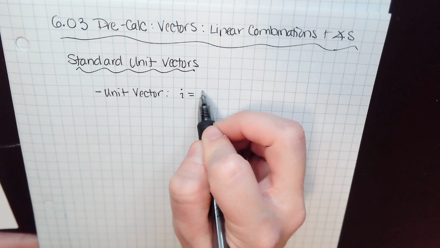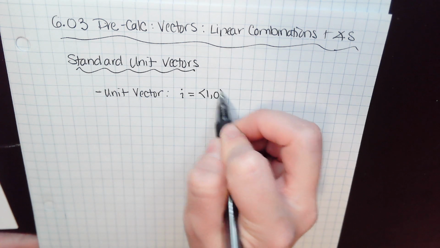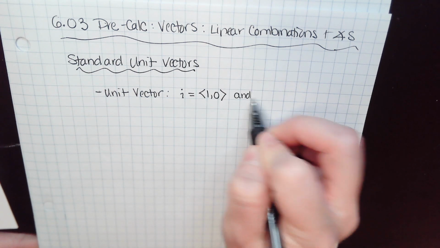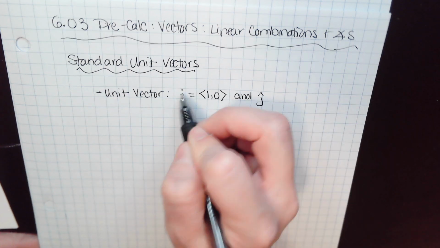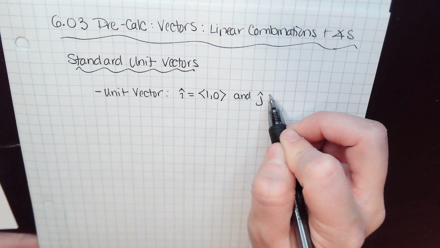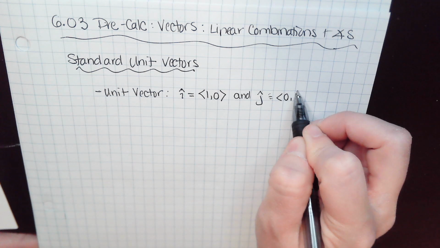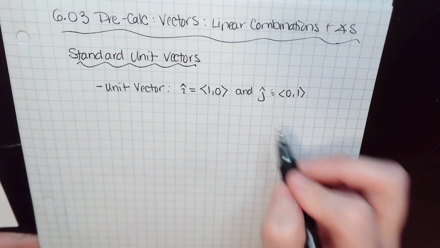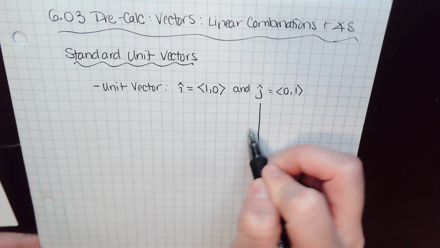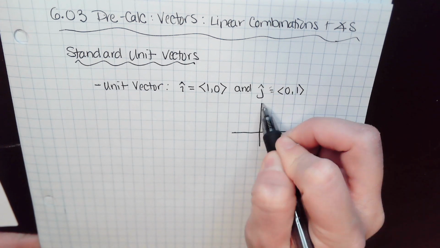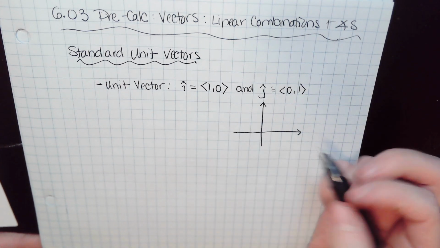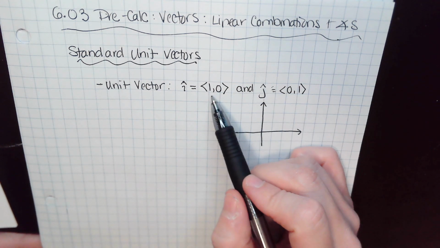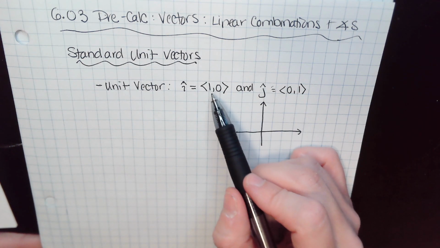Vector i is 1, 0, and vector j is 0, 1. We call them i hat and j hat to show it's a vector. In component form, their initial point is at 0, 0, and the terminal point is at 1, 0.